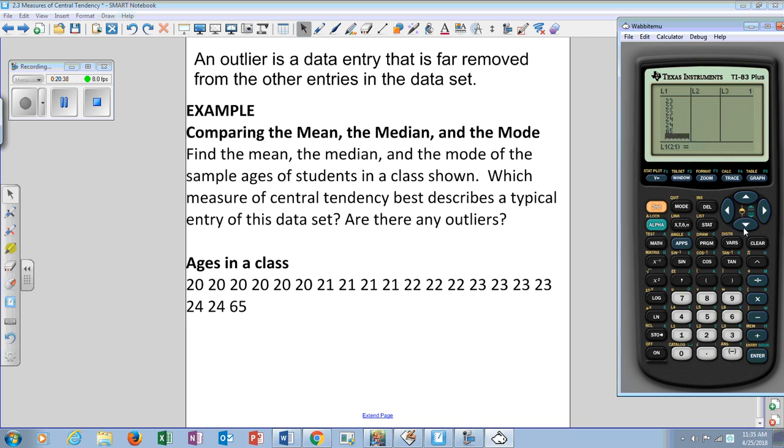So if we're looking at this age of the students in the class, this could be one of your college classes. So we have 6 people who are 20 years old, 4 who are 21, 3 who are 22, 4 who are 23, 2 who are 24, and 1 person who is 65.